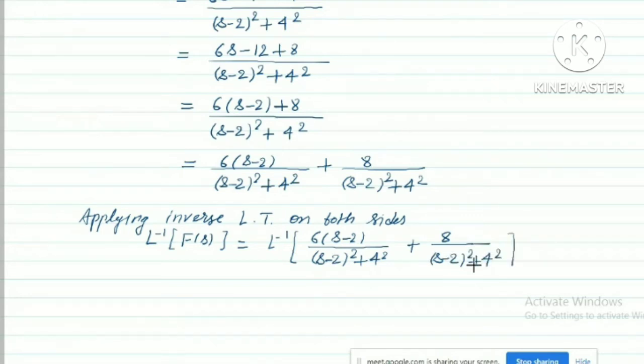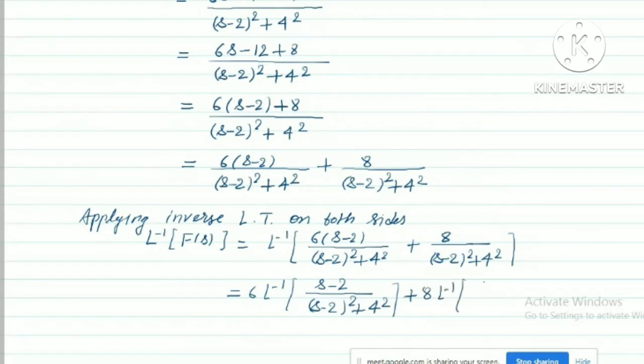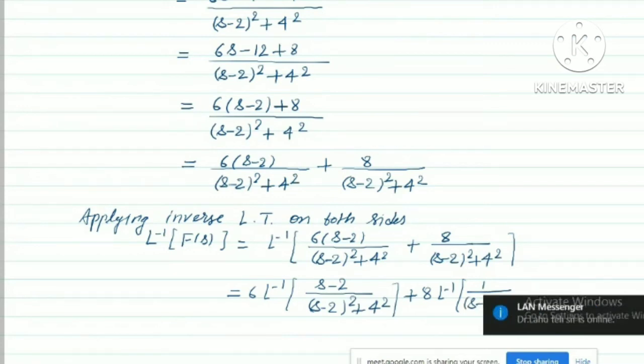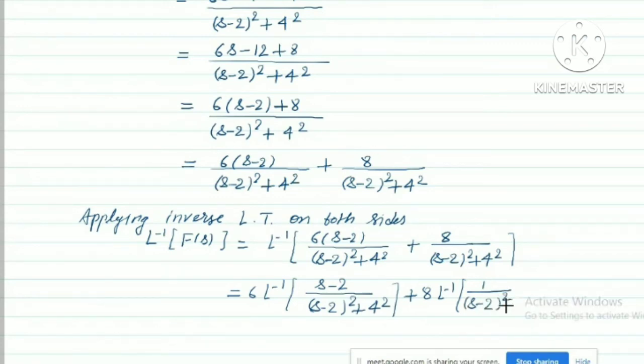Now apply the linearity property of Laplace transform. 6 is a constant term, so we take it outside: 6 L inverse of s minus 2 divided by s minus 2 whole square plus 4 square, plus 8, a constant term, taken outside: L inverse of 1 upon s minus 2 whole square plus 4 square.